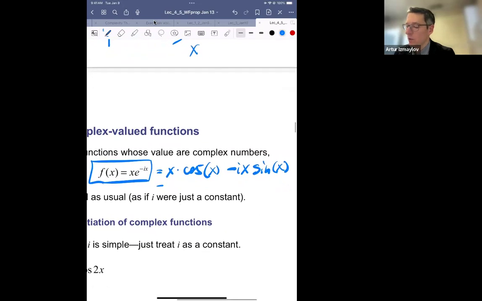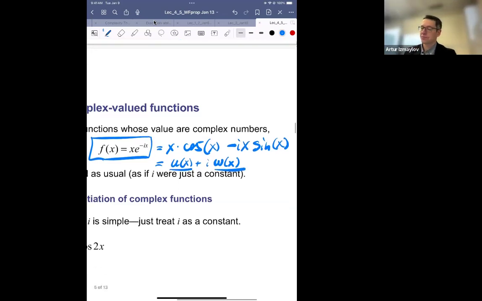So the general format is that this complex function is u of x plus i omega of x, right? This is the real part and the imaginary part of the function.